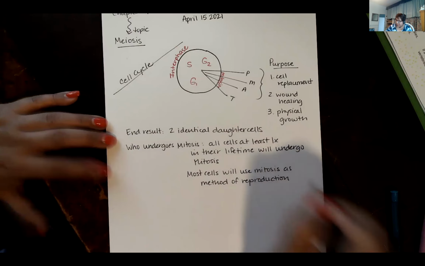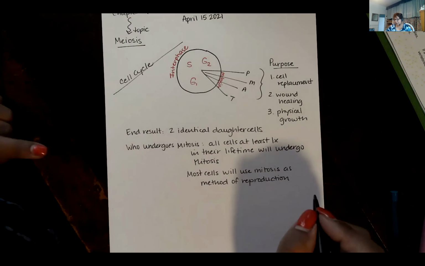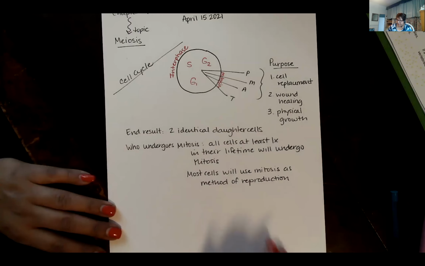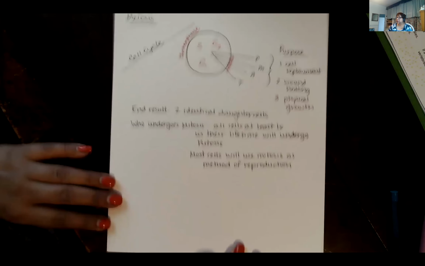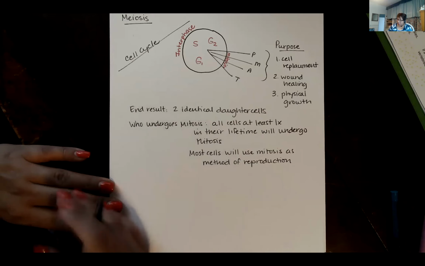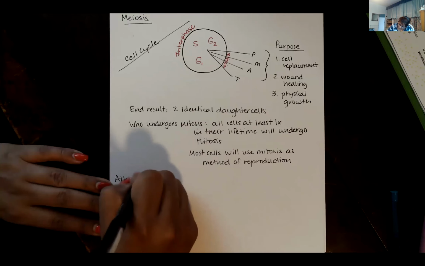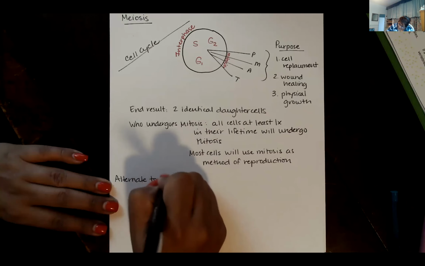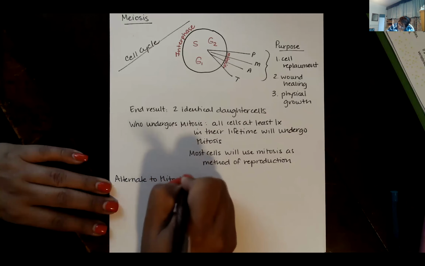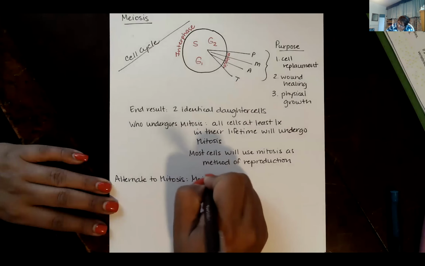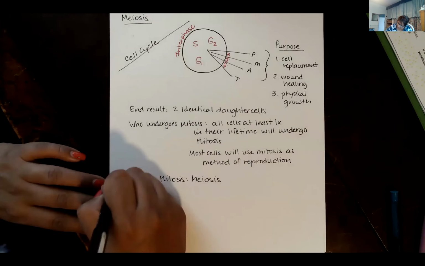But there's a special type of cell that doesn't use mitosis exclusively. There's a special type of cell which uses an alternate to mitosis, and that is called meiosis.